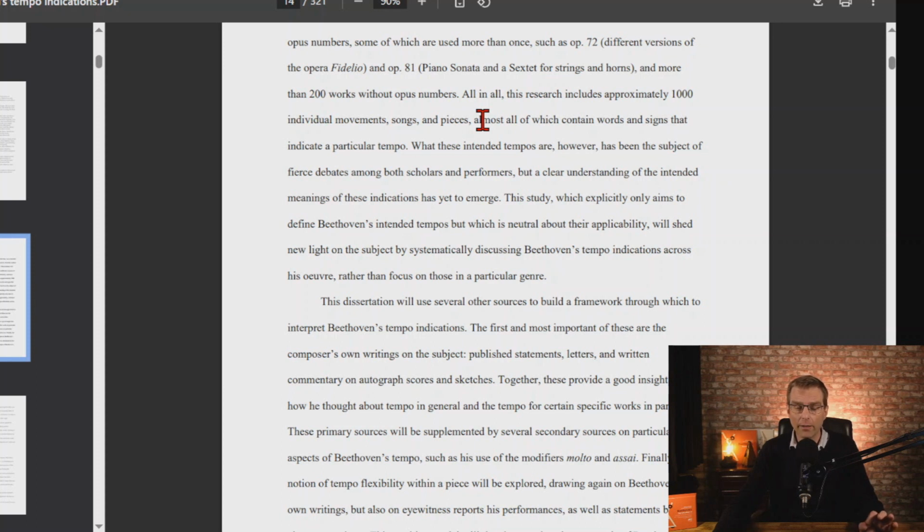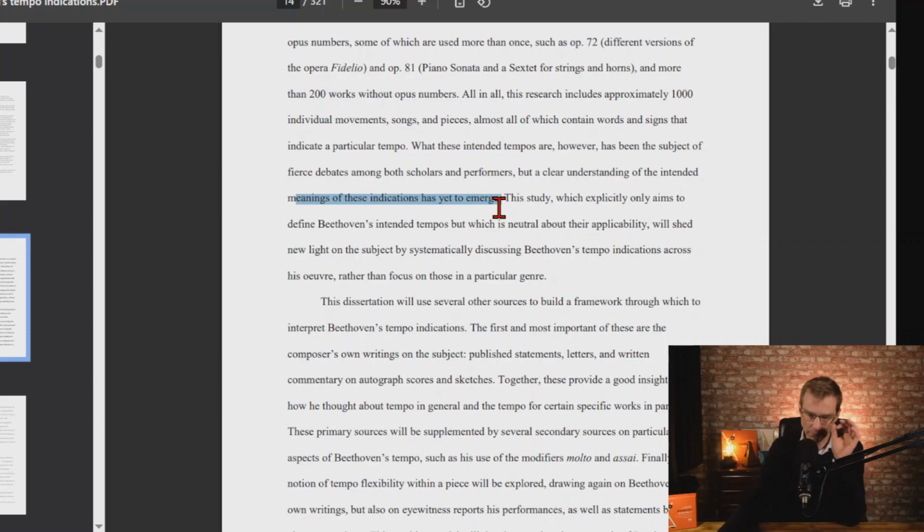And then the question is like, okay, but your Beethoven indications, what can we do as musicians? Read what he has to say. What these intended tempos are, however, has been the subject of fierce debates amongst both scholars and performers, but a clear understanding of the intended meanings of these indications had yet to emerge. Of course, that's why he writes this thesis.